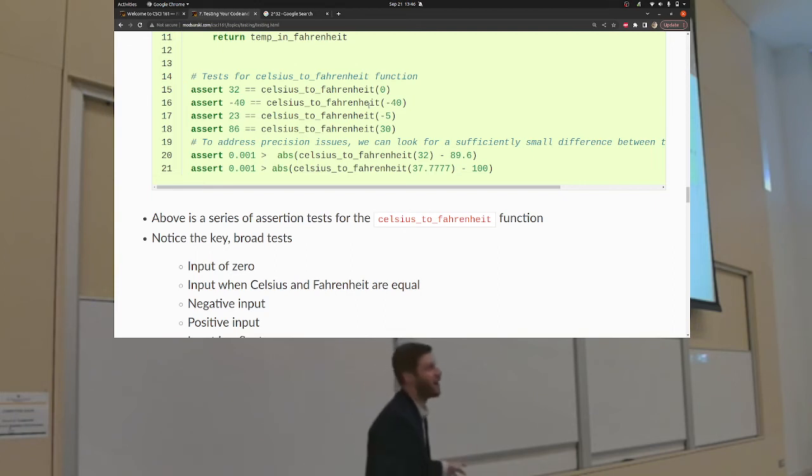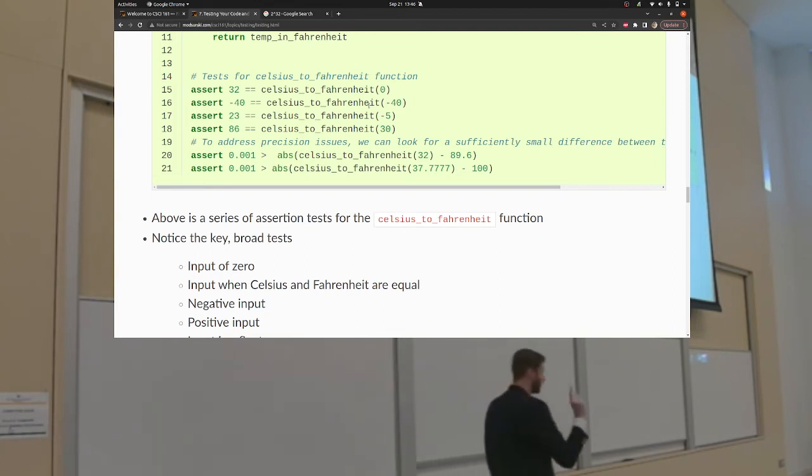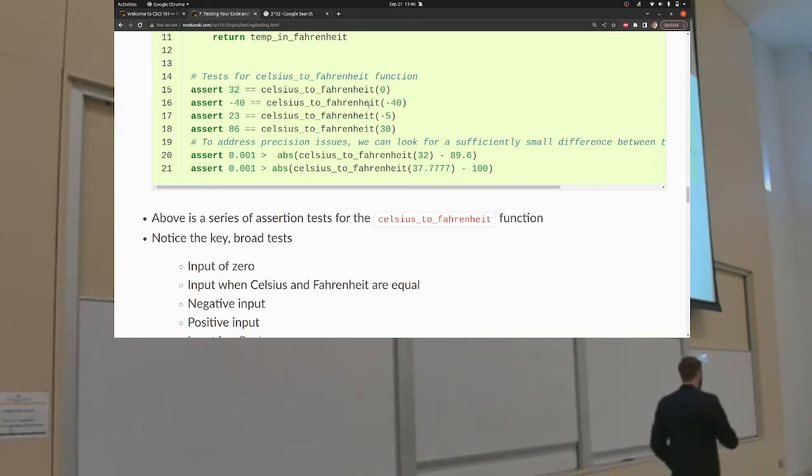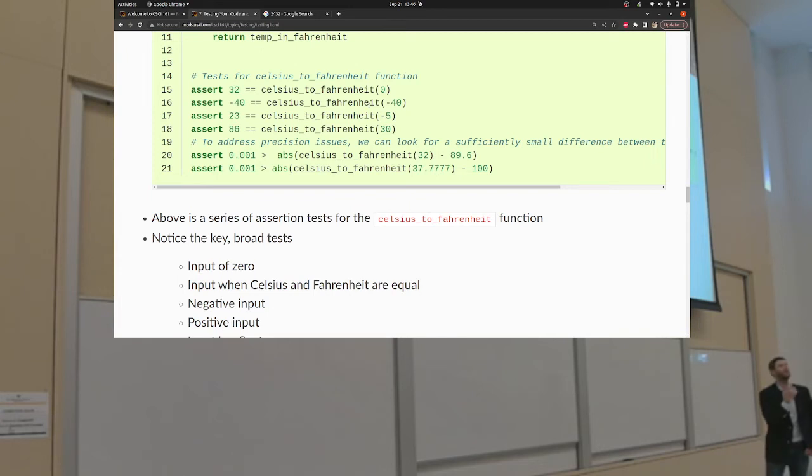If I get an email from any of you that says, I wrote the function and I know I'm correct, but the assertions failed, what will I say? I reserve the right to make fun of you a lot.